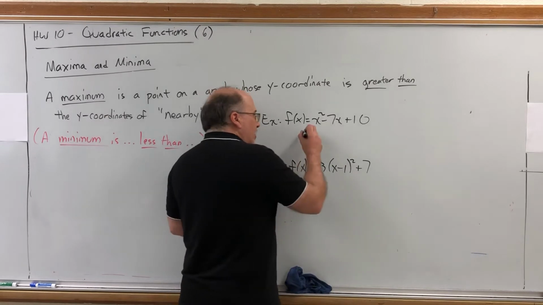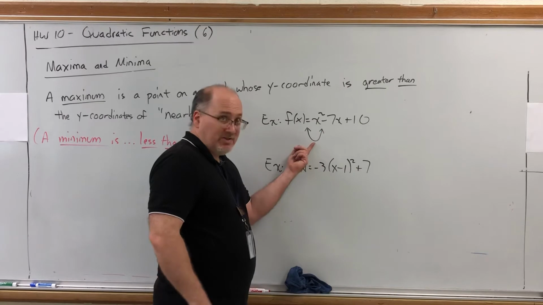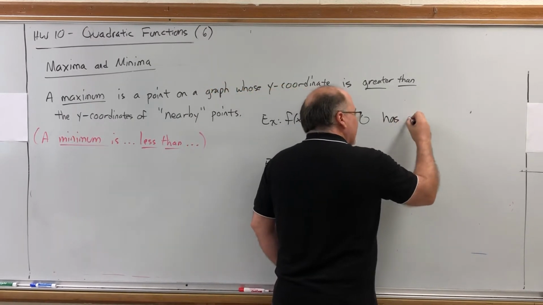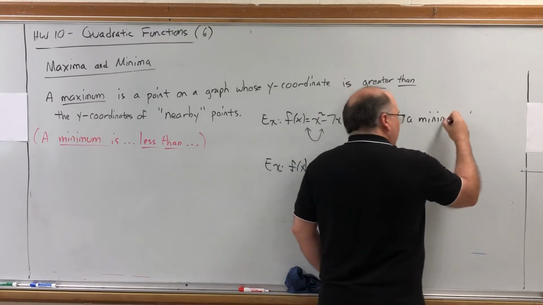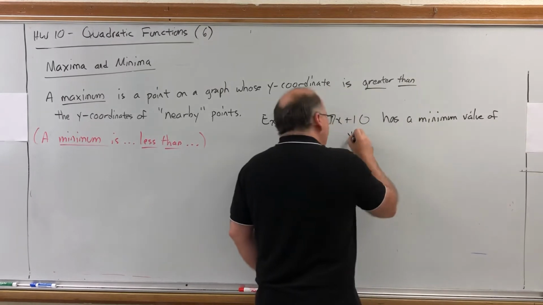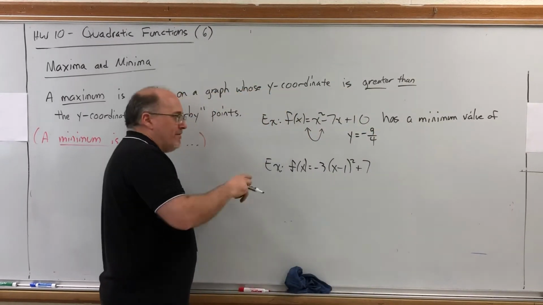We also know this parabola opens up because the a is positive, which means the vertex is the minimum. So we can say that this function has a minimum value of y equals -9/4.